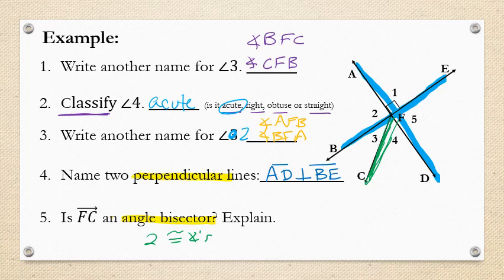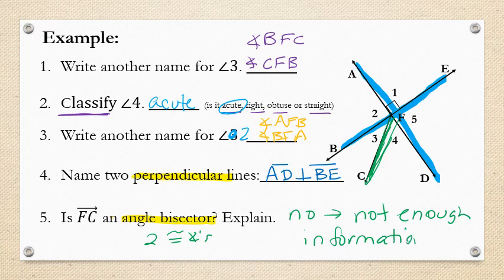But there are no special markings telling me that angle 3 and angle 4 are the same. So right now, I would say the answer is no, there is not enough information. We cannot make assumptions about pictures. We can only go with what they absolutely tell us.